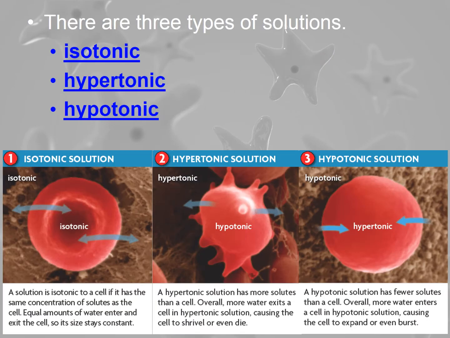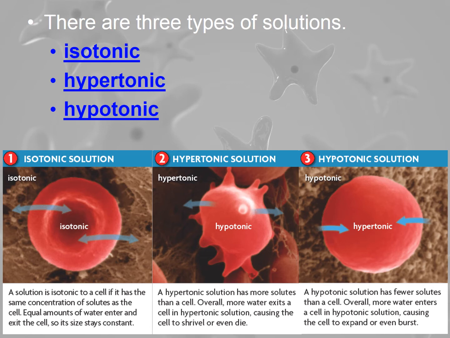Okay, so this slide has a lot of information on it. We're going to spend a minute or two talking about these three terms, isotonic, hypertonic, and hypotonic. And we're going to use these words to describe the conditions inside and outside cells. And these are comparative terms, so you're always using them when you're comparing two solutions to each other.